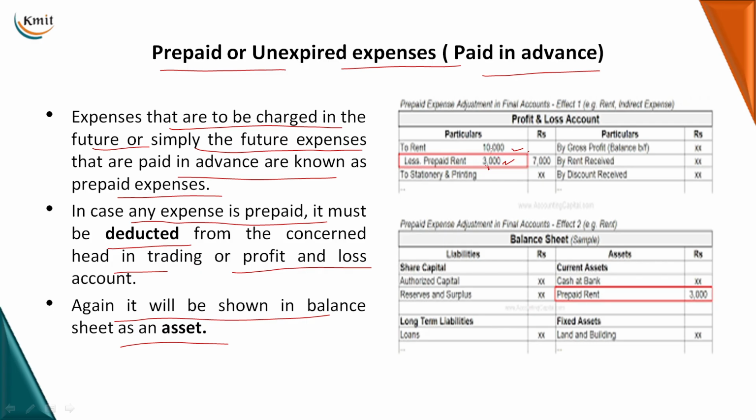So you will be deducting it from the rent paid, that is the rent which has been paid in advance, and the net payment of rent for that particular year is arrived at. And whatever amount is paid in advance or prepaid will again be reflected in the balance sheet as prepaid rent. That is how the adjustment is done for the unexpired expenses or payments made in advance.